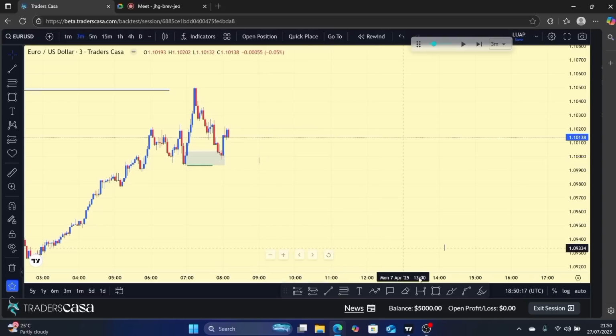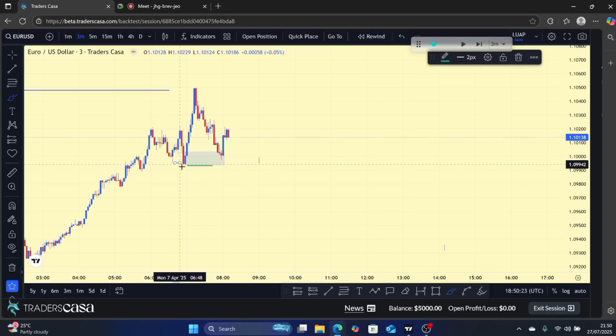It will not hold price even if it has taken out an inducement exactly right here. So this means that this here is a strong low, but it will not hold because it has interacted with a higher time frame POI, and price has grabbed that.